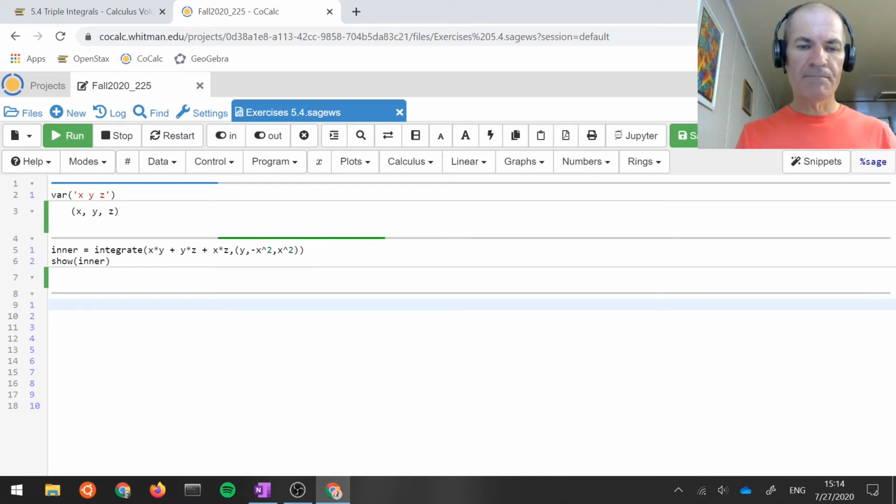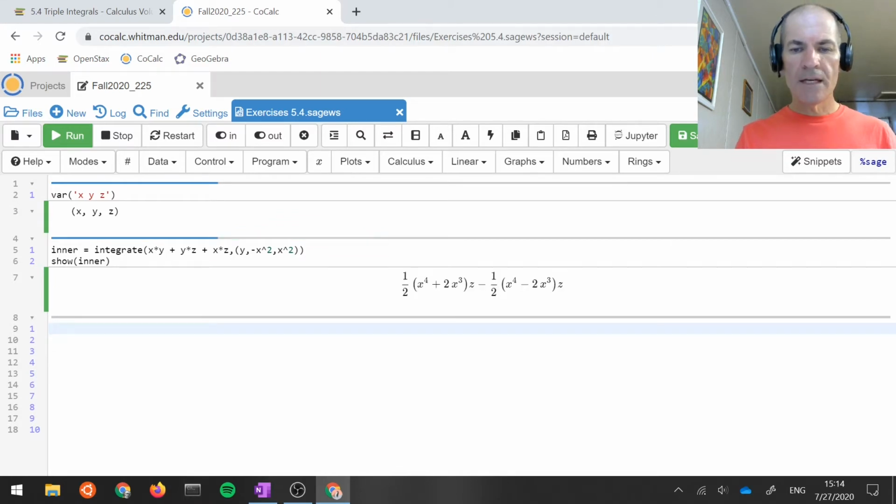Takes a little bit. And as you can see, a relatively complicated polynomial in x and z. Let's continue. The middle integral, again, we integrate. What are we going to integrate?